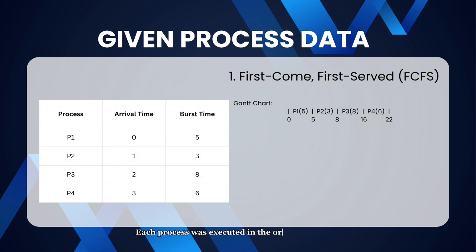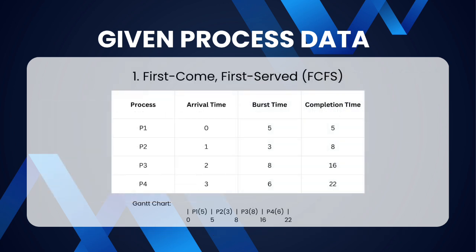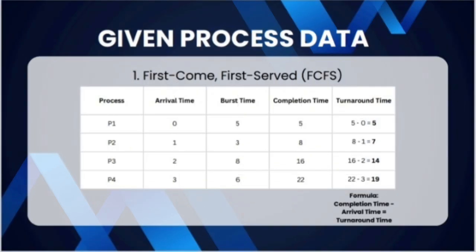Each process was executed in the order of arrival without preemption, and each one waited for the previous to finish before starting. Here are the completion times. P1 finishes at time 5, P2 at time 8, P3 at time 16, and P4 at time 22.